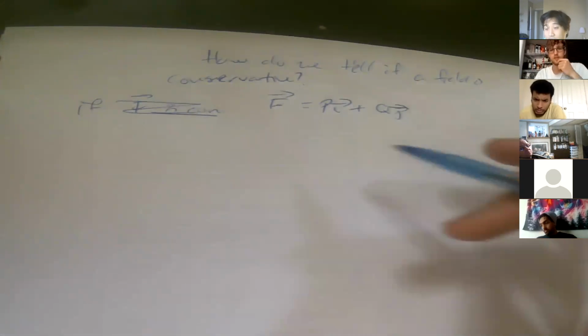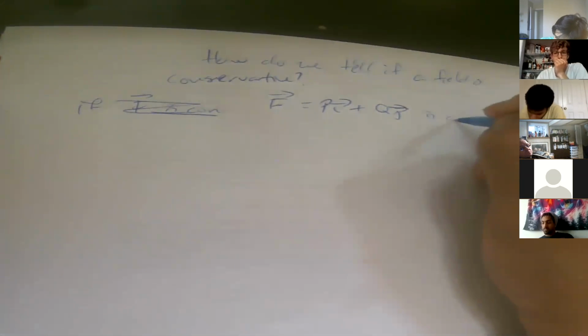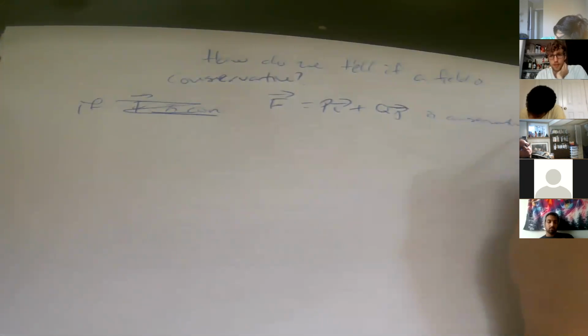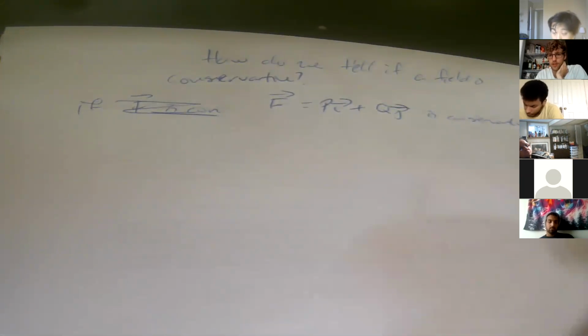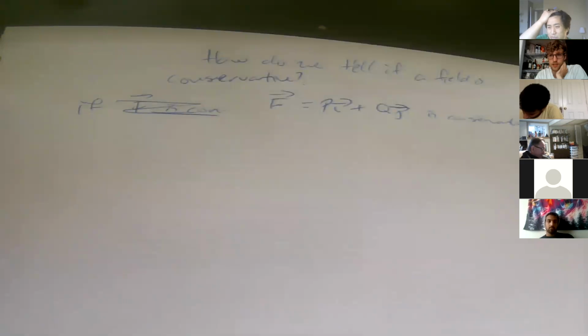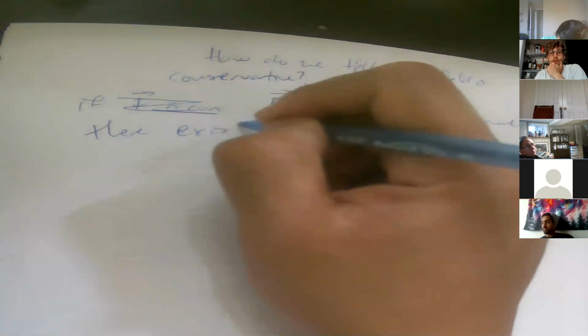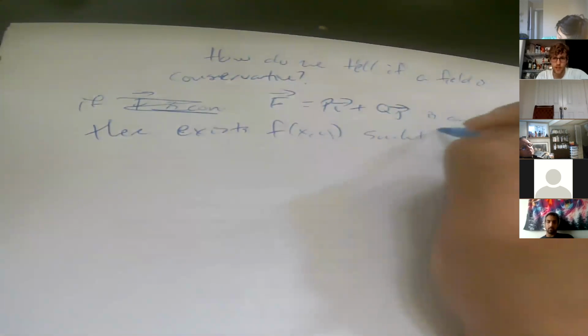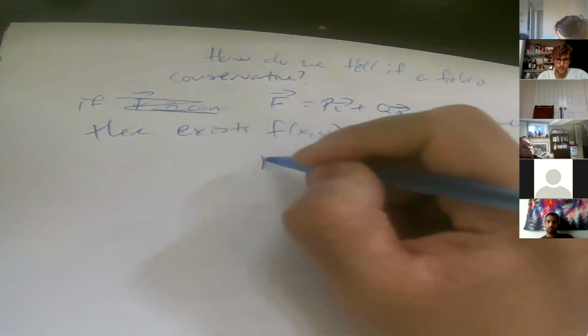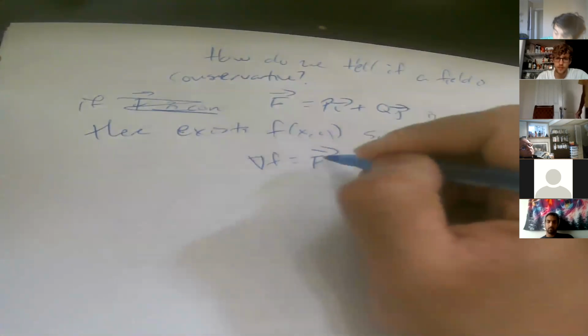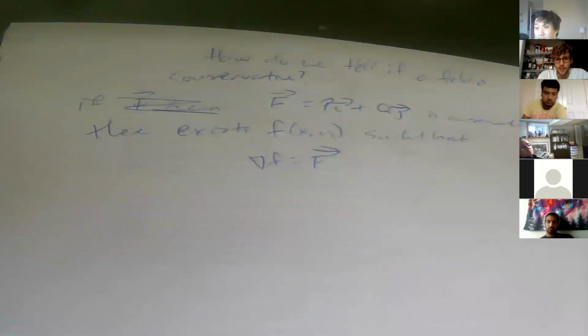So if this is conservative, what does that mean? It's path independent, true. But let's do something even simpler. If this is conservative, that means that it is the gradient of some other function, right? Then there is some f of x, y such that the gradient of f equals F. That's literally what conservative means, right?